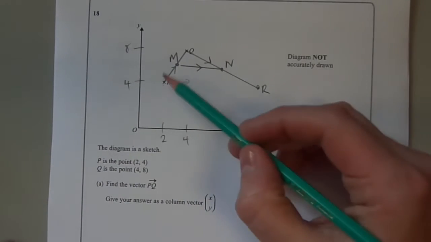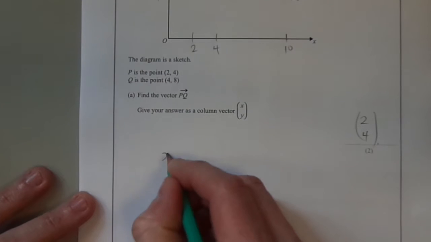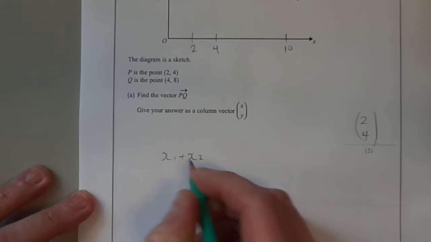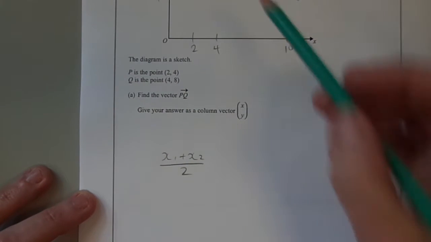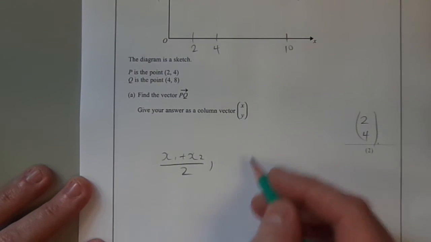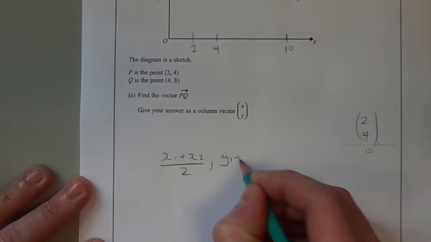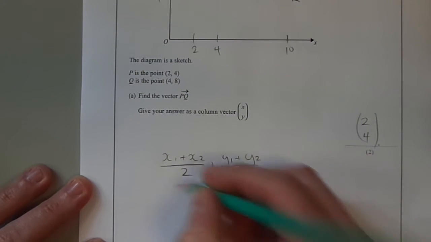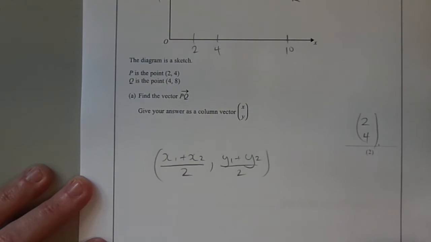Okay, finding the midpoint of this line here. In order to find the midpoint of a line, you add the x coordinate of the start point and the end point together and halve them, and then you do the same for the y coordinates, and that will tell you the value that is halfway in between.